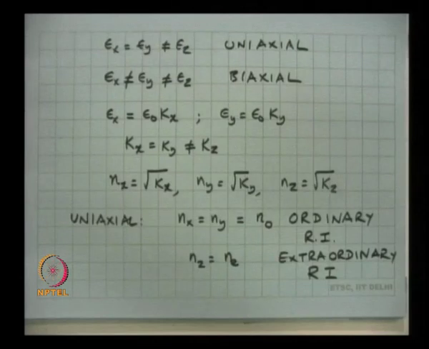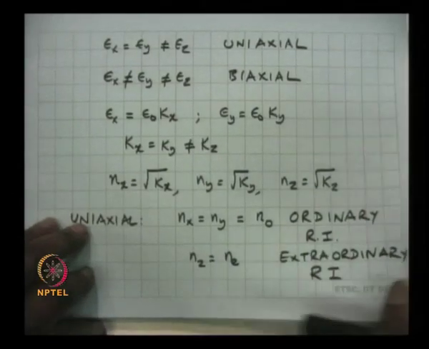In general, for biaxial media, n x, n y, n z are the three principal refractive indices. For uniaxial media, n x is equal to n y, it is called n o, the ordinary refractive index, and n z, which is the third refractive index, is called n e, the extraordinary refractive index.